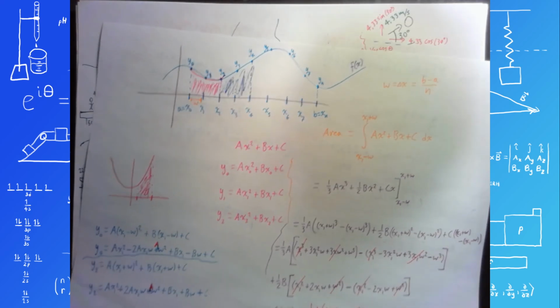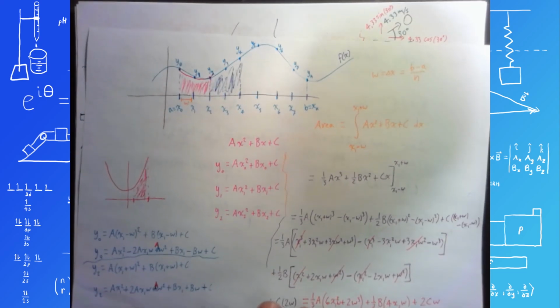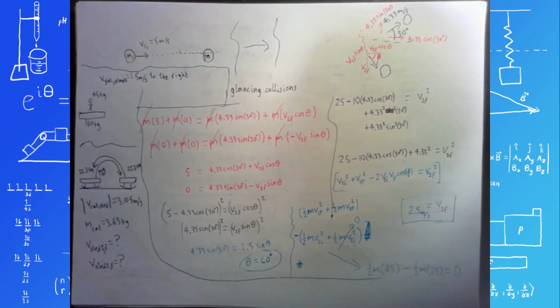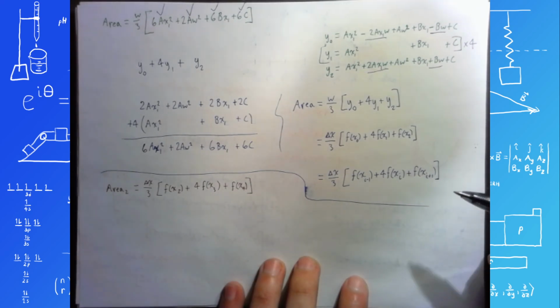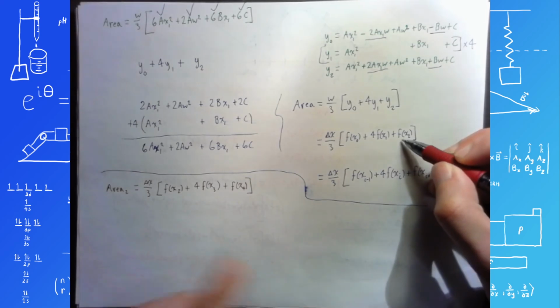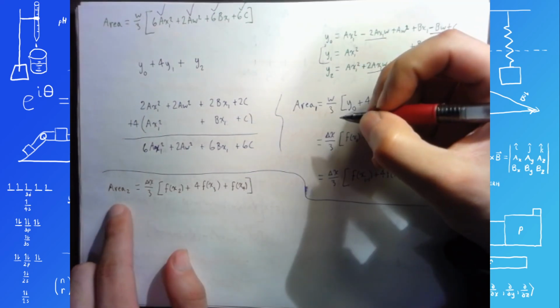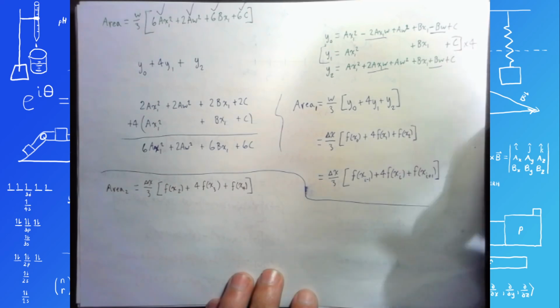So the pattern that develops is that if we were to do all of these pairs of subintervals, we're going to add all of these areas. So here's area 1, here's area 2, and then for the total approximated area, we're just going to add all of those up.